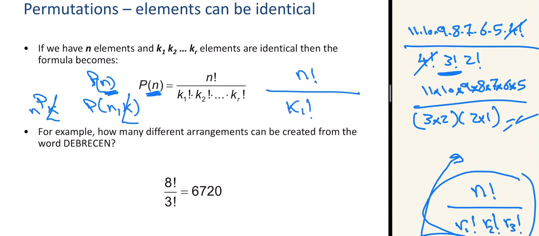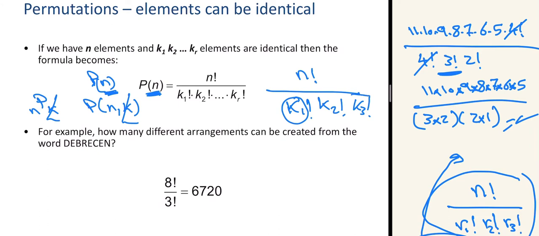Here you can use K as a repetition because there is no K in this option. But if you have K and you have R, you have to distinguish between them. So K1 factorial, K2 factorial, K3 factorial, and so on.